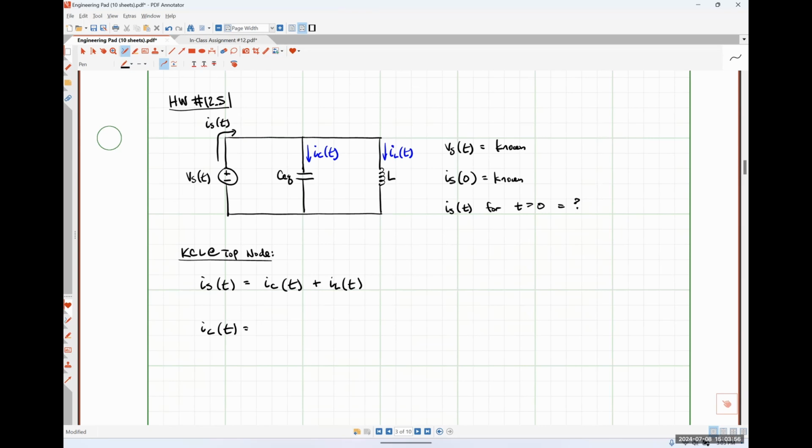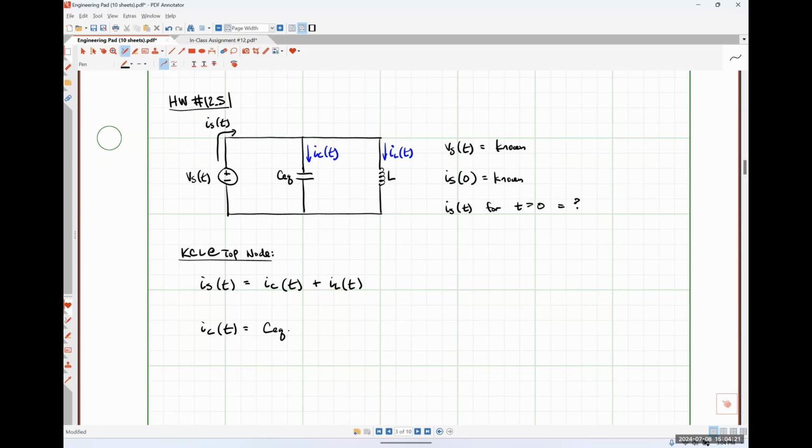So what's my equation for capacitor current? This should be equation number 1 from today. Is it the derivative of voltage times the known capacitor value? Exactly right. So we'll just have CEQ.